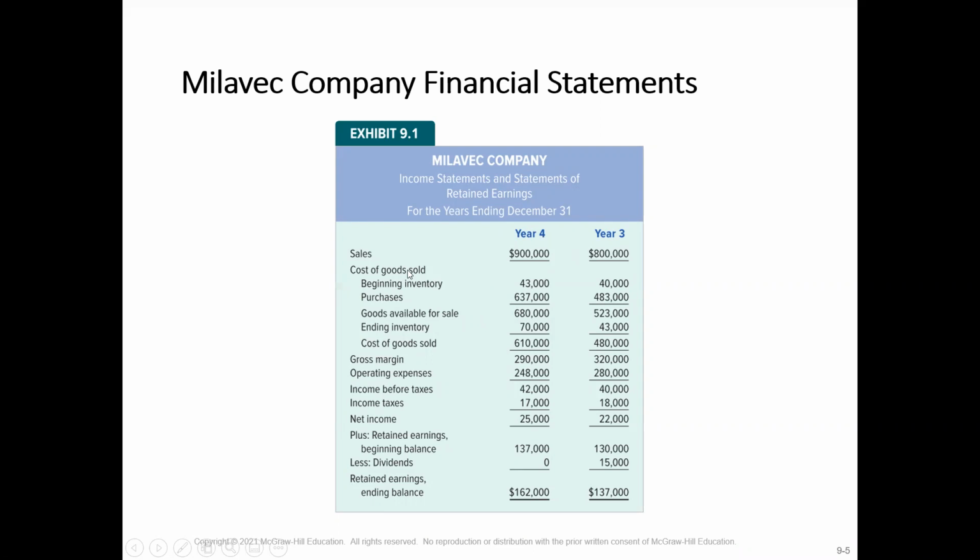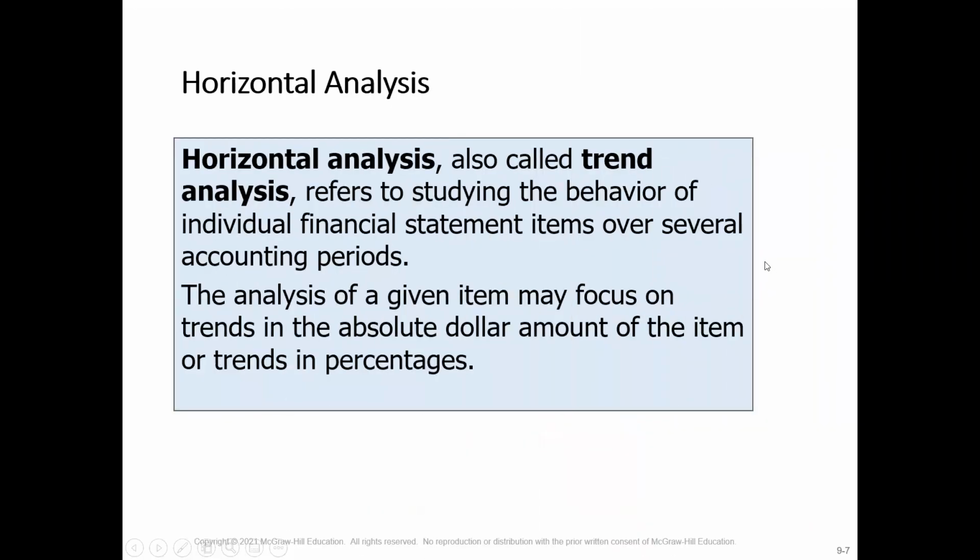Maybe you could be doing an income statement for the month of February 2021 versus the month of February 2020 and comparing the two horizontally and or vertically. So horizontal analysis, again, that's following just one line across in a financial statement, analyzing that as a comparison between one period versus another.